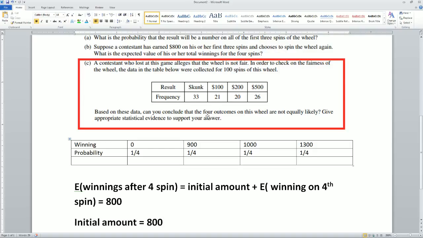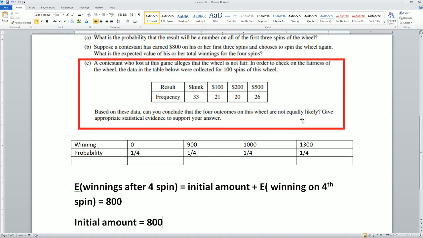Equally likely. Okay, before that though, statistical evidence, like this is a very good indicator of it being a hypothesis test. Now you picked out the second word, not equally likely. This reminds you of what sort of test?